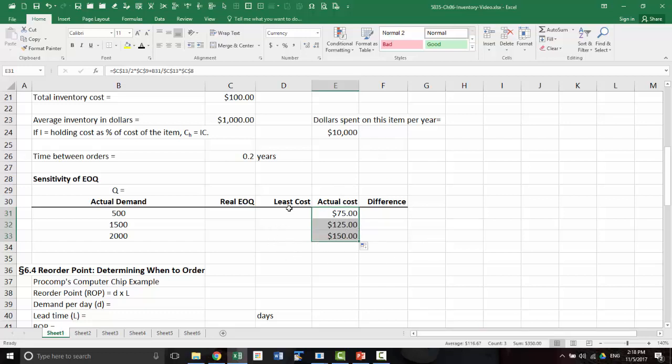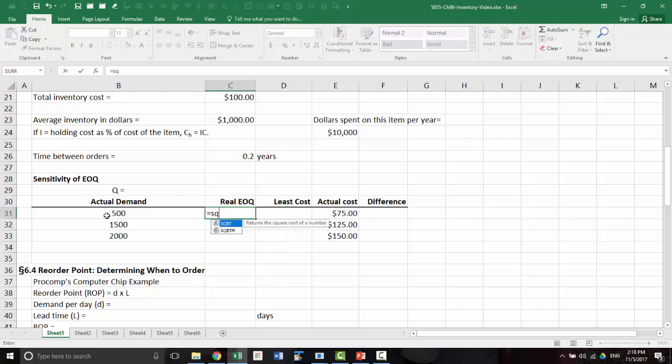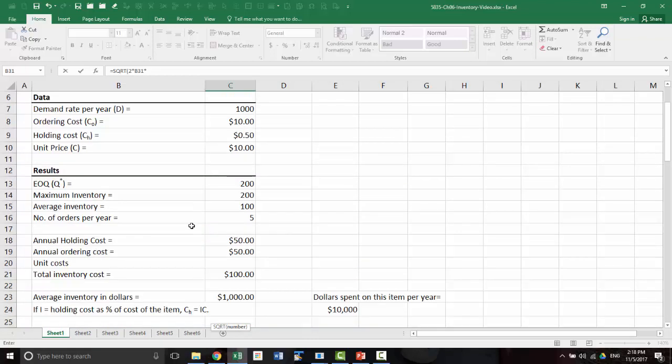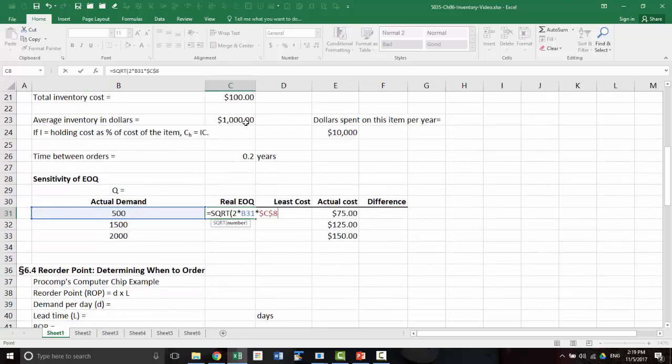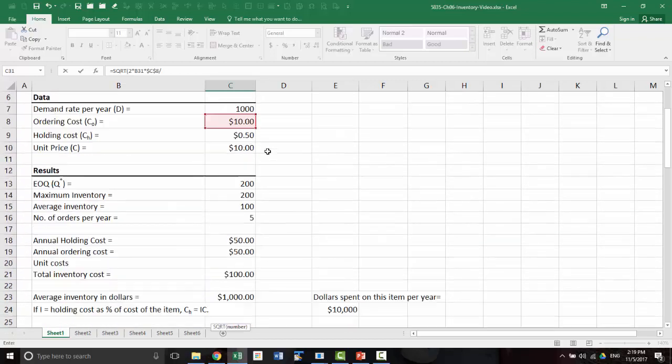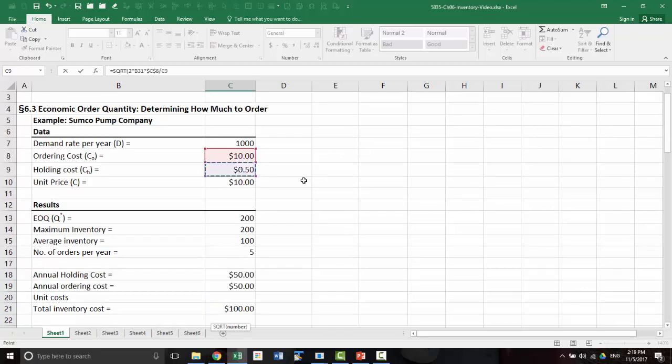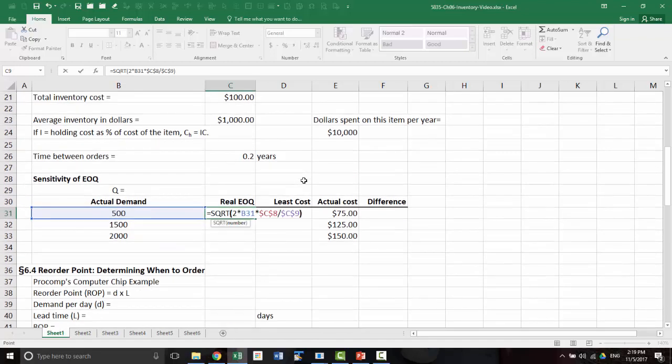But actually, suppose we had properly assumed the correct demand, then our real EOQ would have been square root of 2 times D times the ordering cost, I'll absolute reference that, divided by the holding cost, and I'll absolute reference that also.